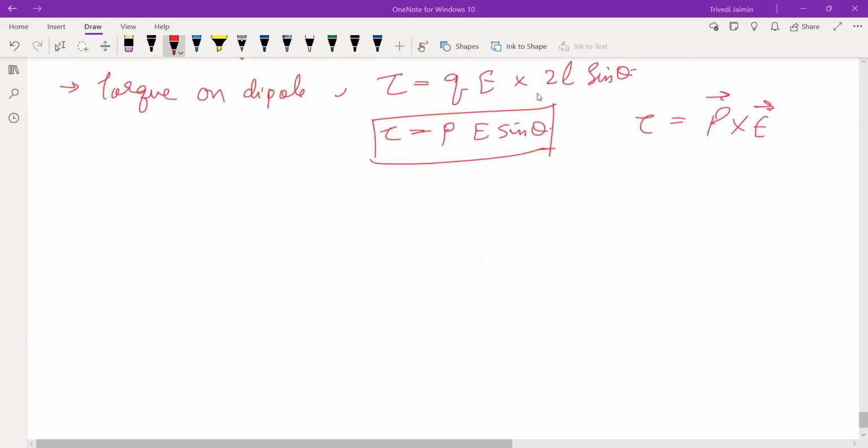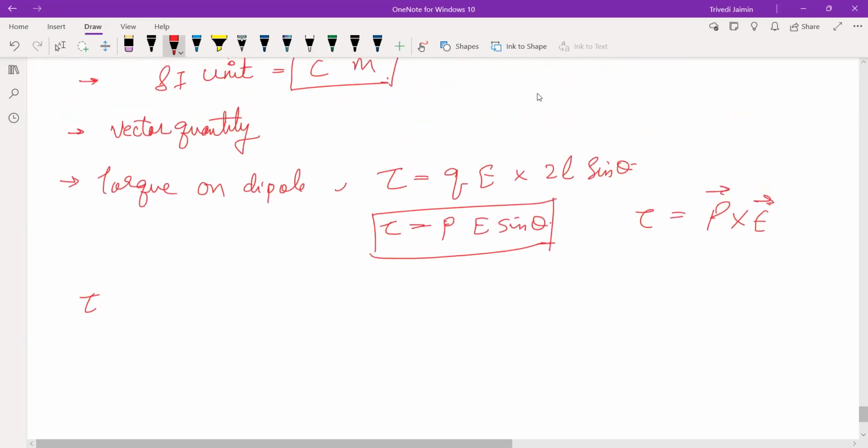Chalo. Next. If I want torque to be maximum, torque means rotation, so what shall I do? Sin 90 degrees. It means I should keep P and E perpendicular. And if I want minimum, they should be parallel or anti-parallel.